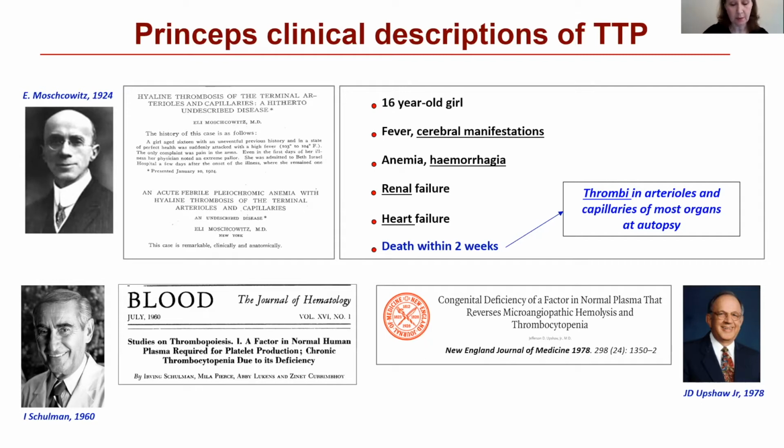At autopsy, thrombi were present in arterioles and capillaries of almost all organs. In 1960 and 1978, Upshaw and Schulman respectively described similar cases, likely congenital, in younger children.